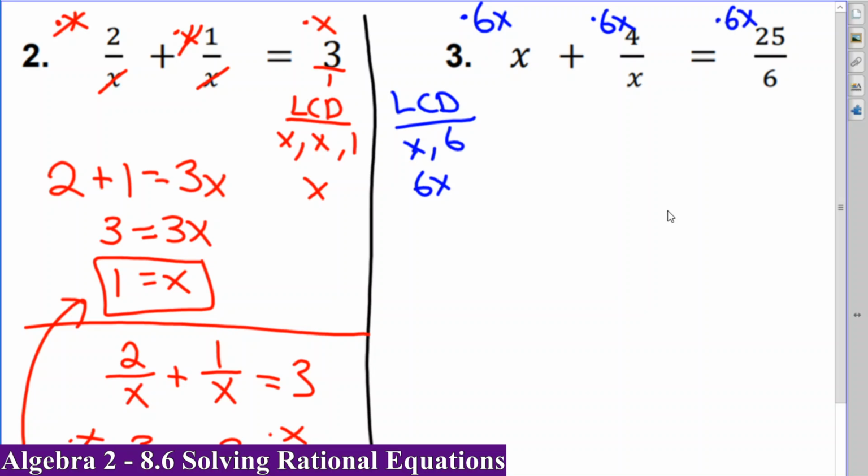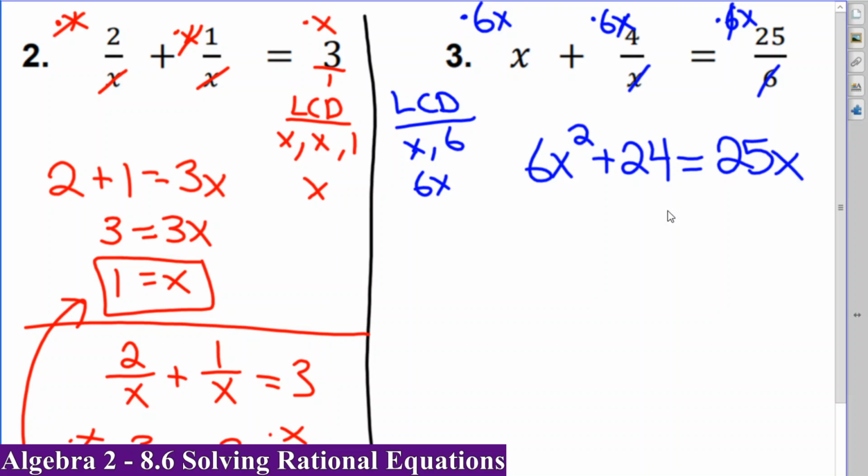So I'm going to multiply everything times 6x to begin with. Let's cancel out what we see here. 6x times x is going to give me 6x squared. My x's are going to cancel out in the second term, so I'm going to be left with just 6 times 4, which is 24. And then my 6's are going to cancel out in the third term, and I'm going to be left with 25 times x.